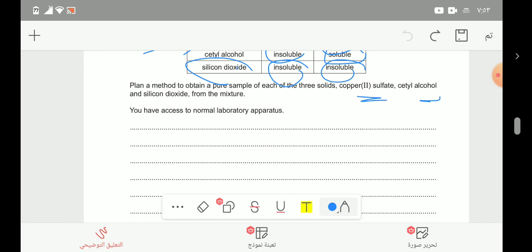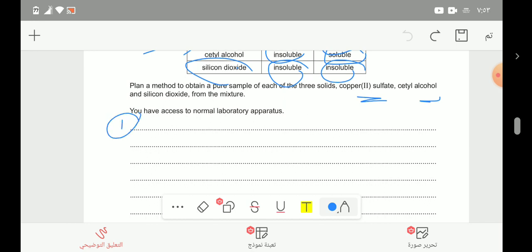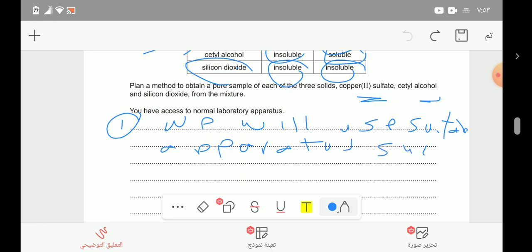Firstly, let's talk about equipment or apparatus used. We will use suitable apparatus, such as flask or beaker.